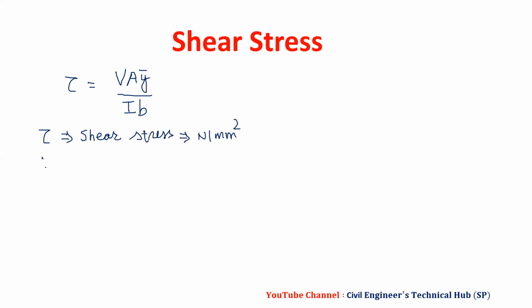V is the shear force; its unit is Newton, kilonewton, likewise. Then I, same, millimeter to the power 4. Then B is the width at the section where the stress is being calculated.